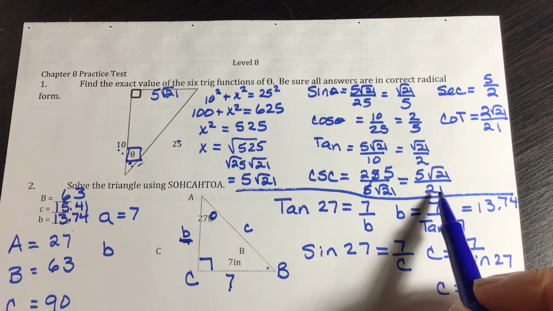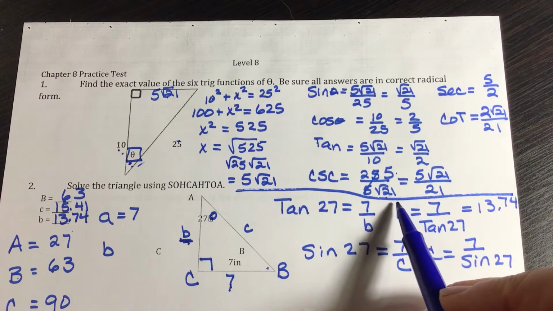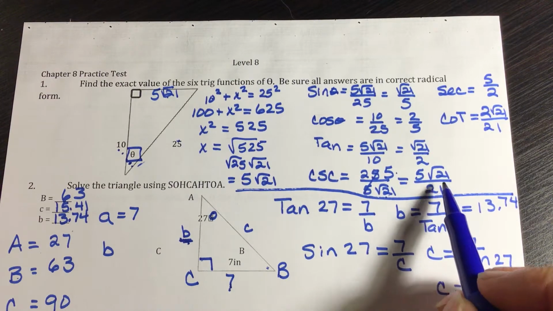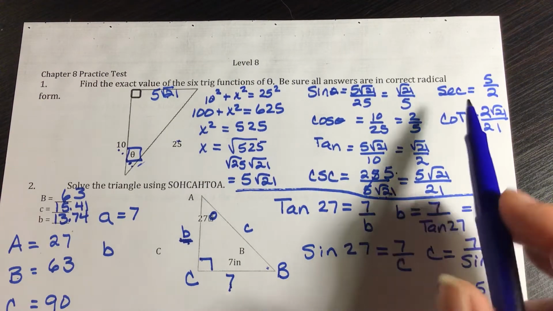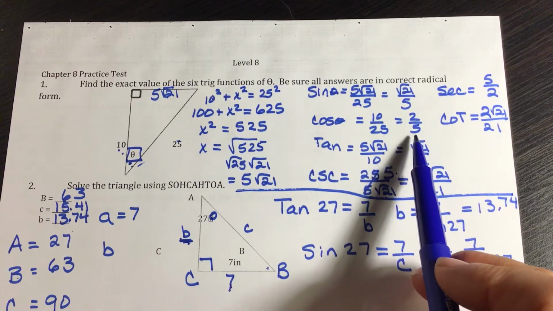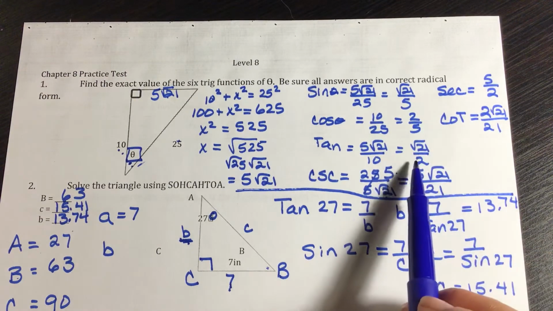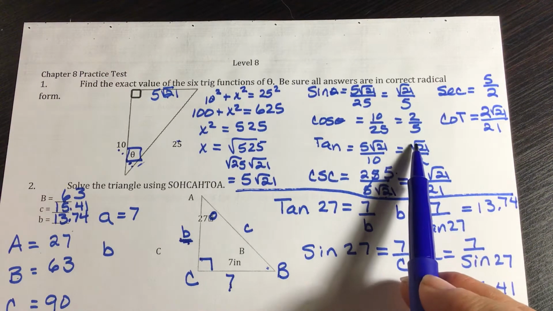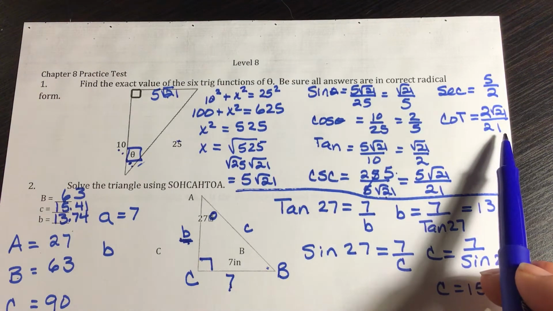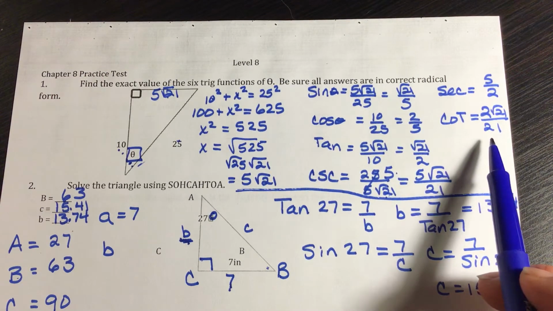I have to rationalize that denominator, so I need to multiply the top and bottom by the square root of 21. That gives me 5 square root of 21 over 21. Secant is the reciprocal of cosine, so just flip that over, 5 over 2. And cotangent, if I flip over to 2 over square root of 21, I need to rationalize the denominator. So I get 2 square root of 21 over 21.